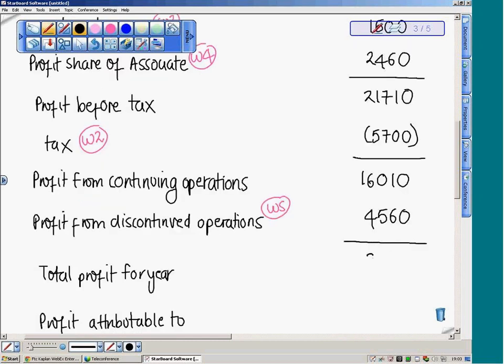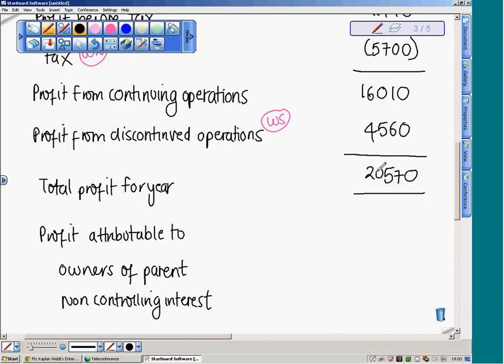Okay, giving a total profit of 20570. I then want to remember to plug in the NCI's profit share. We're back to working 3, the 745. Okay, and I will always take the profit attributable to the parent as a balancing entry, and that is the 17825.